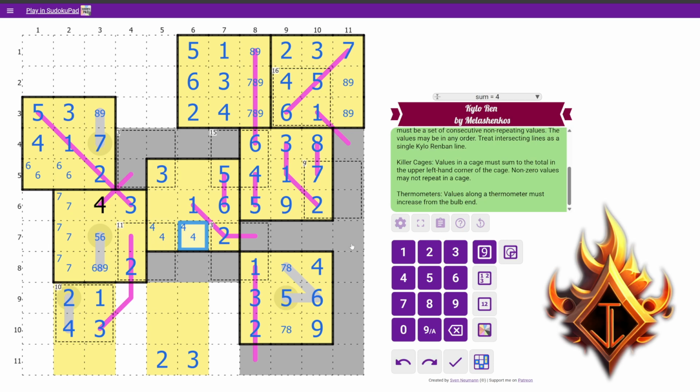Are all my pink lines done? Other than this one. They all look to be accurate. 1, 2. Okay, if this was 1, 2, 3, 4, 5, 6, these would be 7, 8, 9.